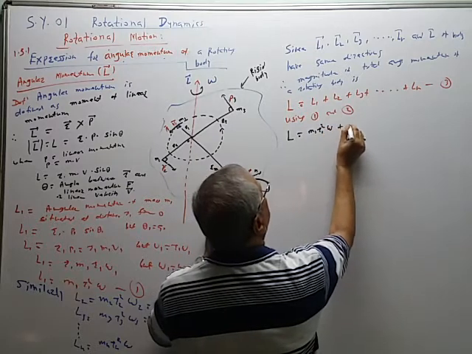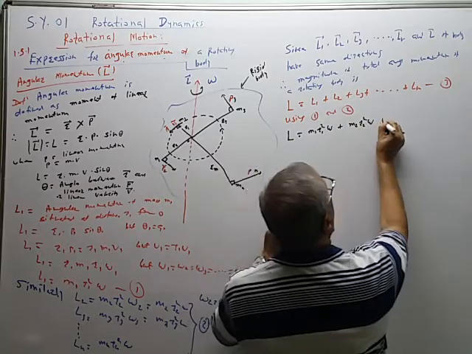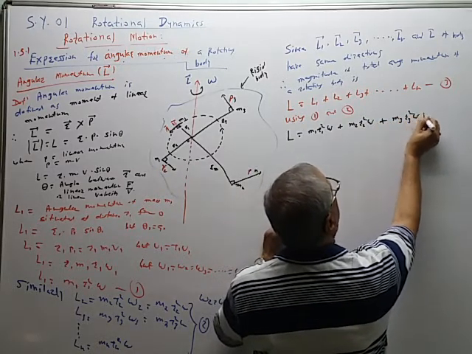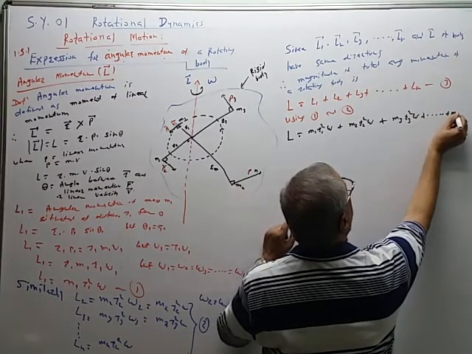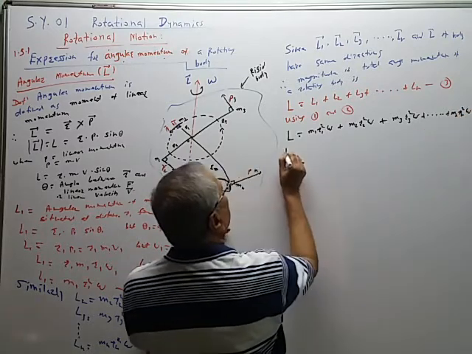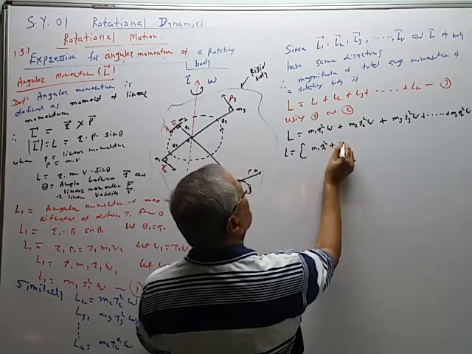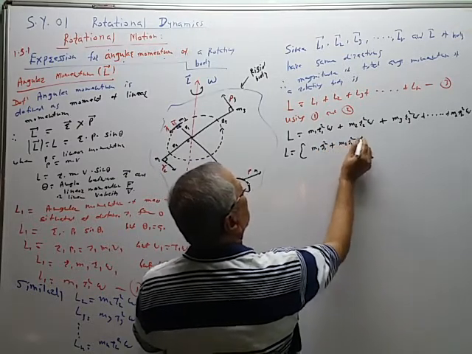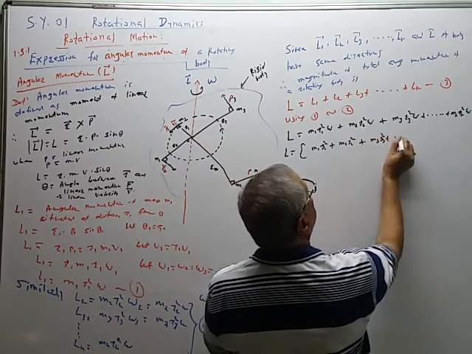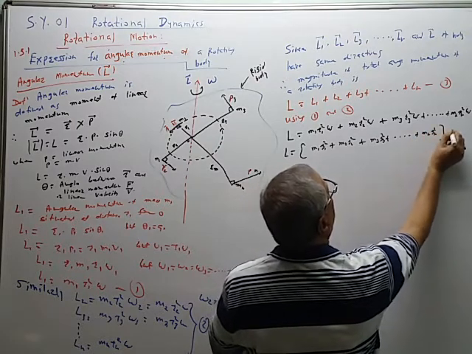m1 r1 square omega, m2 r2 square omega, m3 r3 square omega, mn rn square omega, and therefore L is equal to, inside the bracket, m1 r1 square plus m2 r2 square plus m3 r3 square up to mn rn square, into omega.